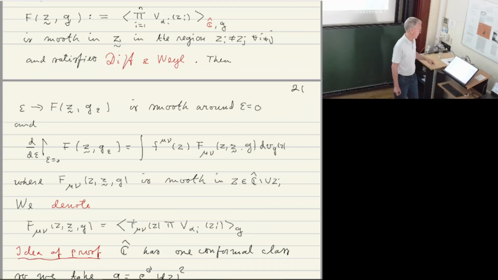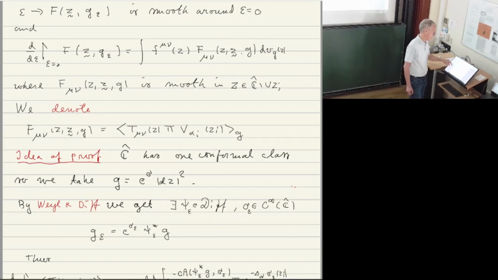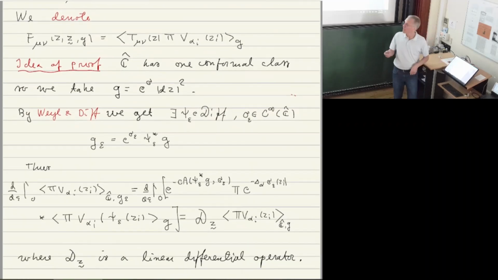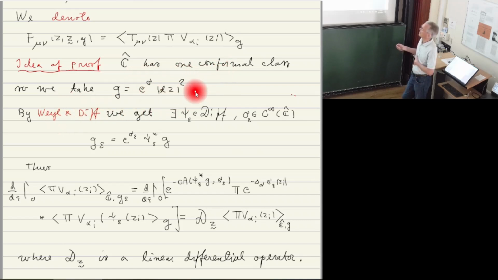The idea of the proof is very simple. On the sphere, there's only one conformal class. So let's work in the coordinates where the metric just looks like this. And now let's do the variation there.